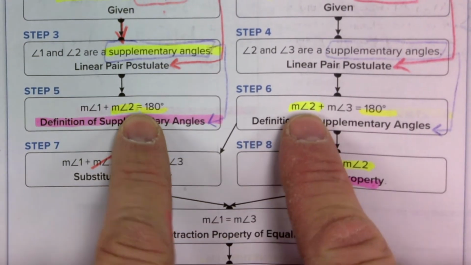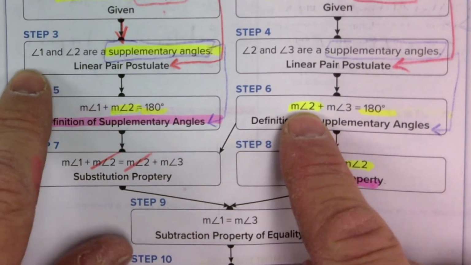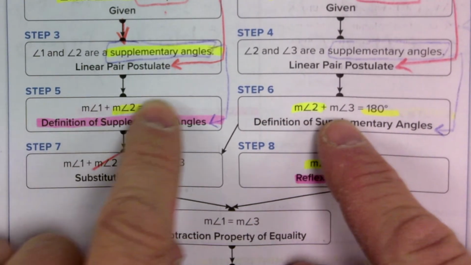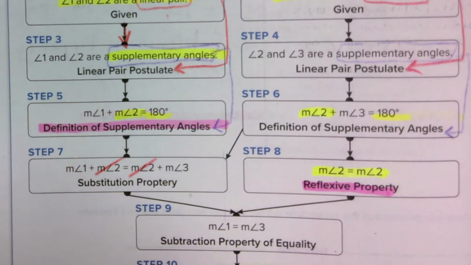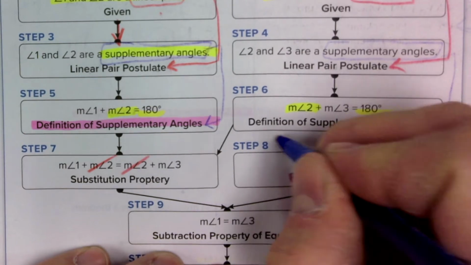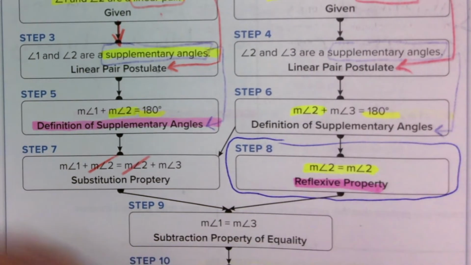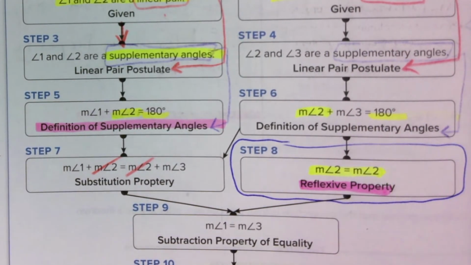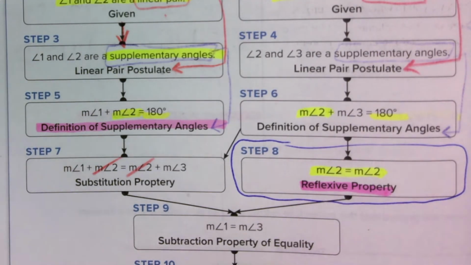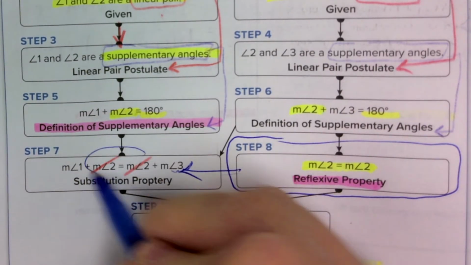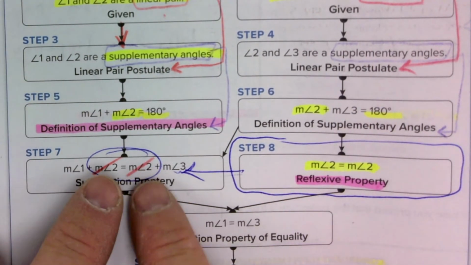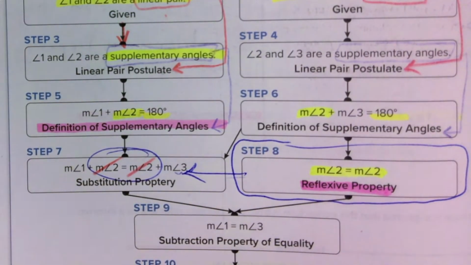Because angle 2 is mentioned in two different steps of our flowchart proof, we need to mention that they must be the same angle. That is a necessary, important step. We have to have the reflexive property used here so that later on we can subtract an equal amount from both sides of the equation.